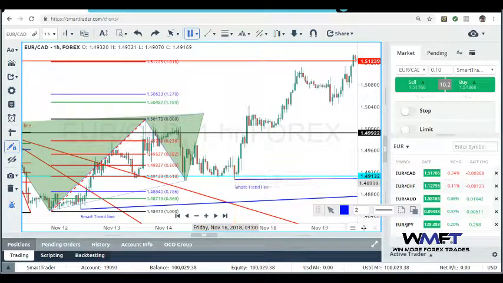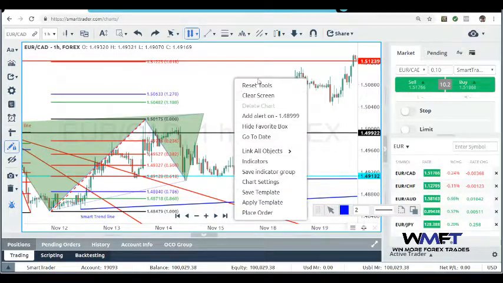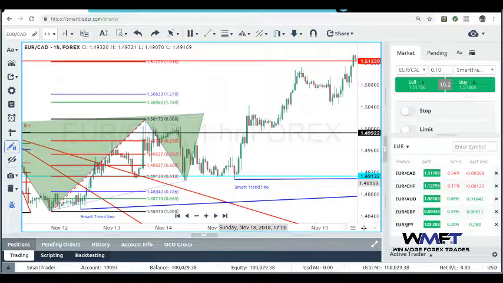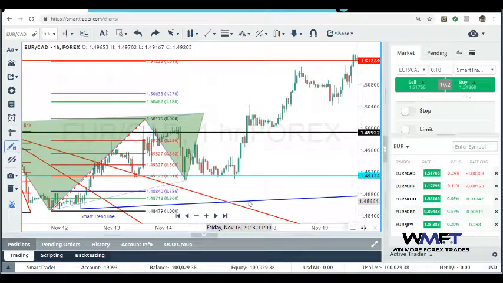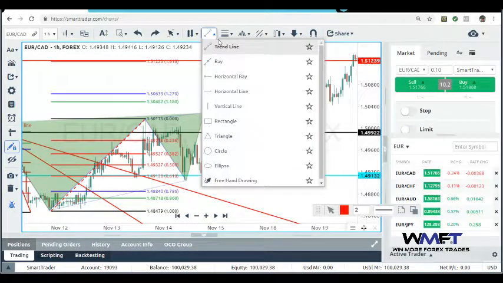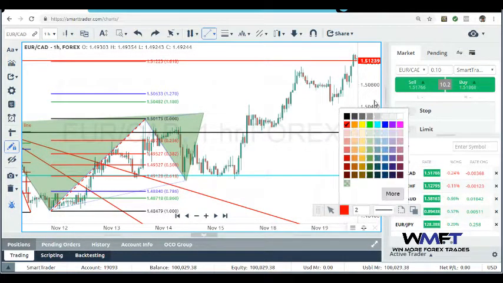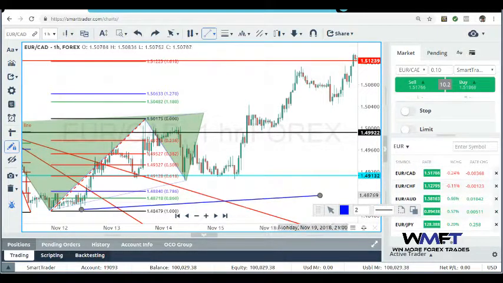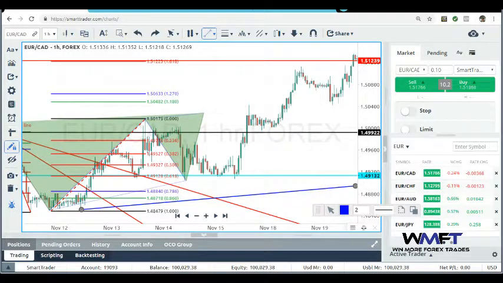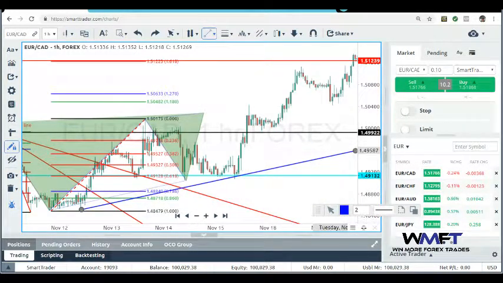I don't think that trend line is really any good, so we're going to get rid of those, and we're actually just going to draw our trend lines. And to draw a successful trend line, all you do is start from the bottom, bring it all the way to that high, and then you find your first touch.